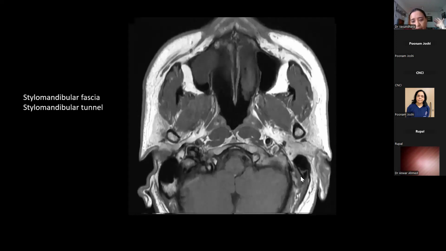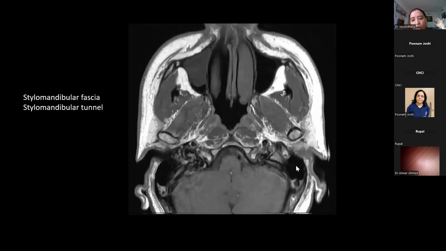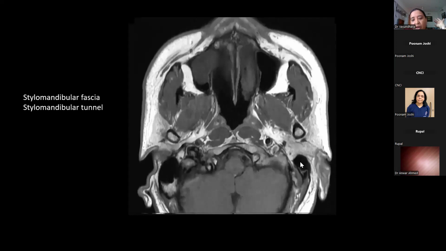Once you go down, this mastoid will form the tip. At that level, come medially, you will find this bony structure, and there will be a foramen over here. The tip medial to it, you will find this dot, which is the nerve.